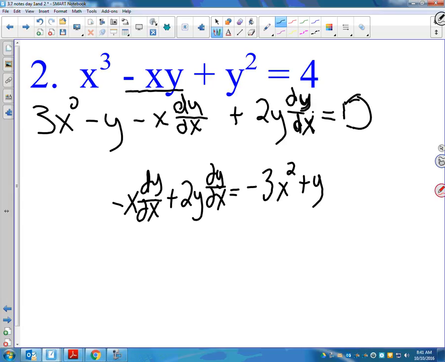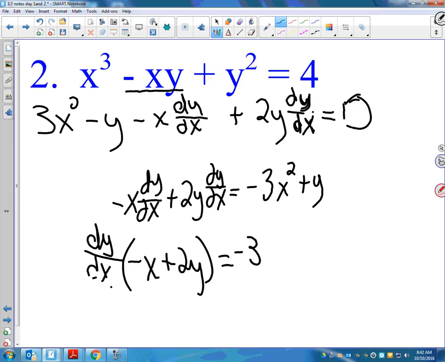And normally, like I said, I just do it all at once. Like at the same step here, I would have factored out dy dx because I know that's what I'm trying to do. But in this one, I just went ahead and left it. And the reason I want them by themselves is because now I can factor out dy over dx. And I would be left with negative x plus 2y, and then my last step is just to divide that over.